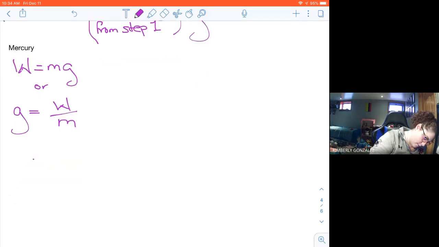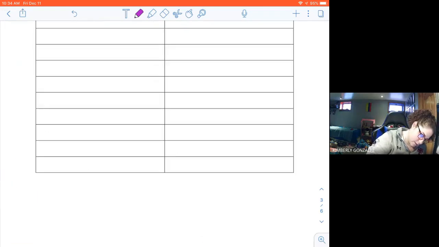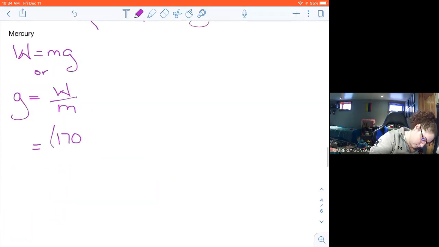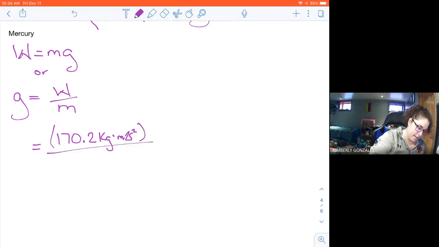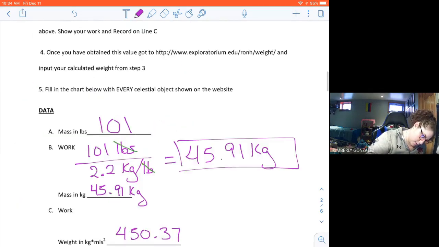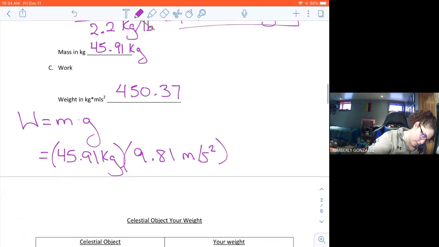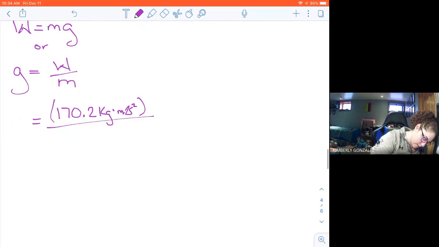So my weight on Mercury was 170.2 kilograms times meters per second squared, divided by my mass from step 1, which is 45.91 kilograms, because you need it to be in kilograms.